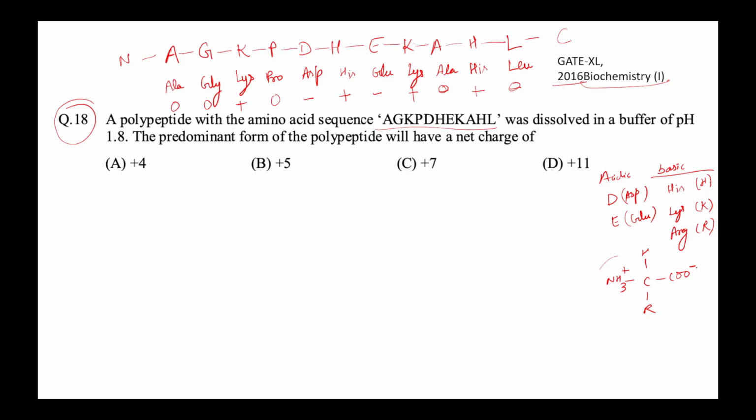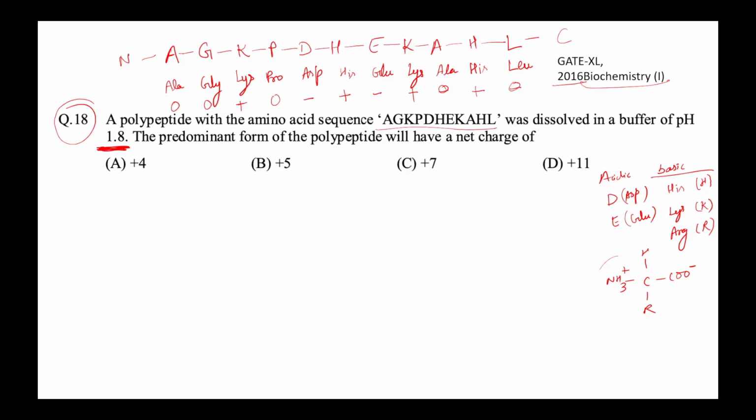So the question states that the polypeptide with this amino acid sequence was dissolved in a buffer of pH 1.8. It is very specifically given as pH 1.8. The predominant form of the polypeptide will have a net charge of. So this question is related to pH. The very first thing is at which pH it will be in protonated or deprotonated form.